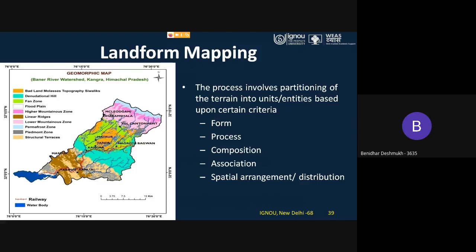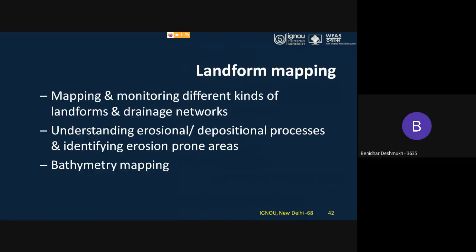This is a map of a part of Himachal Pradesh, wherein the Banner river watershed in Kangra was mapped, and different landforms were mapped in this. Particularly, remote sensing data is useful for mapping and monitoring the different kinds of landforms and drainage network.